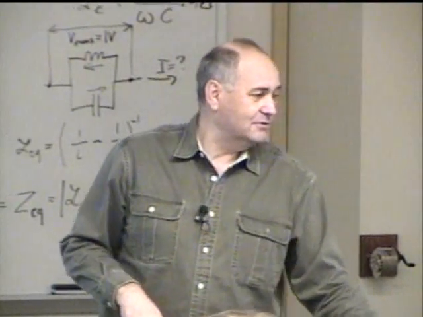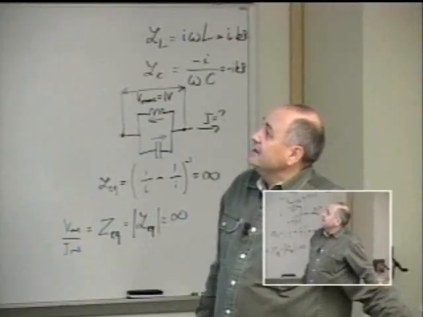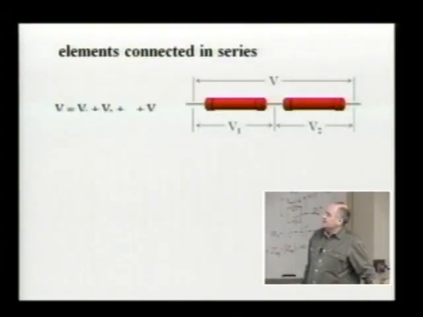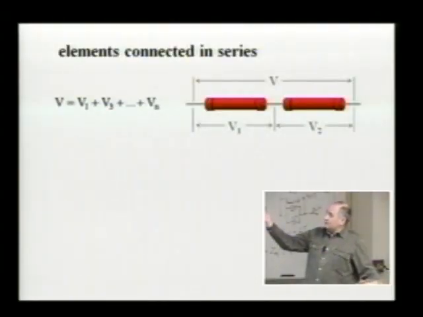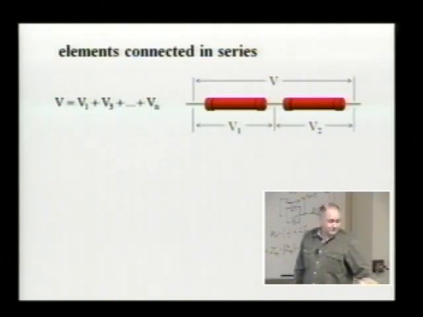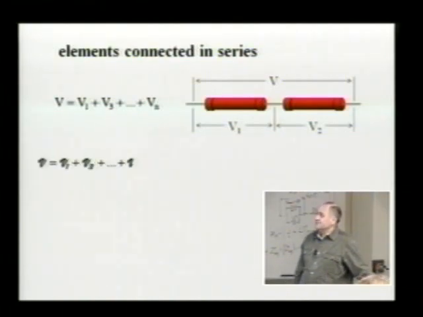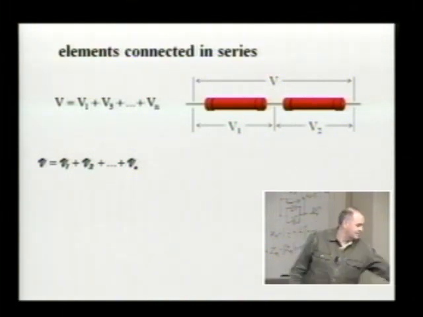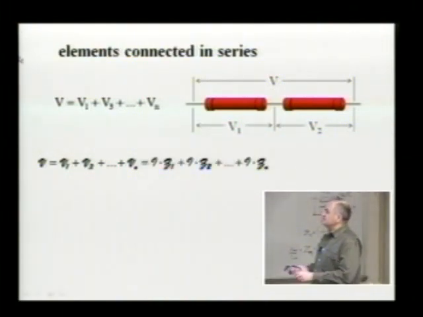All right, let's now take a look at what will happen if we connect elements in series. Well, then voltage across the entire system is equal to the sum of voltages, and I can say the same thing about complex voltages. When elements are connected in series, then current through each element has the same value, which means that I can represent each of the voltages as a product of complex current flowing through an element and complex impedance of that element.